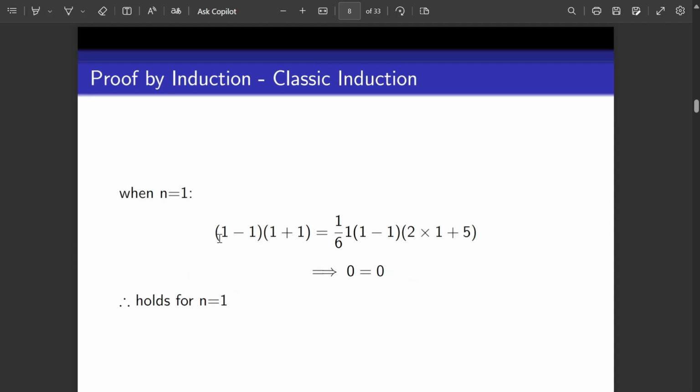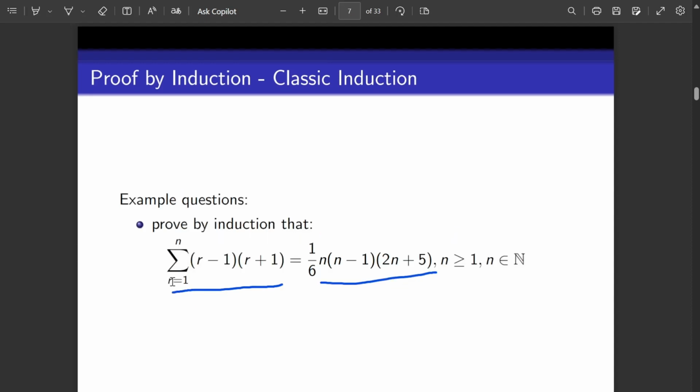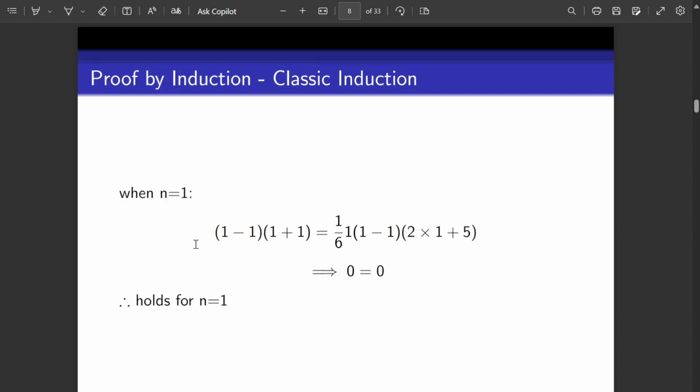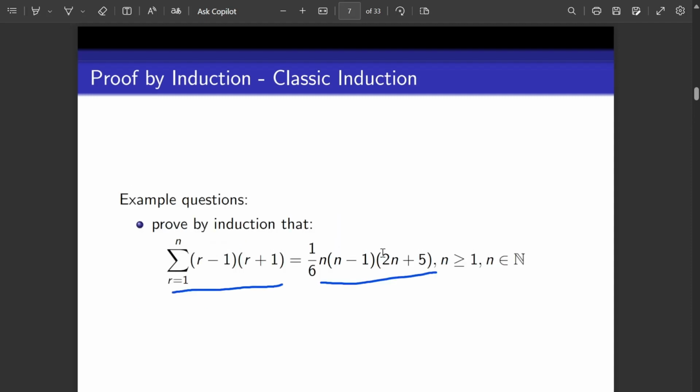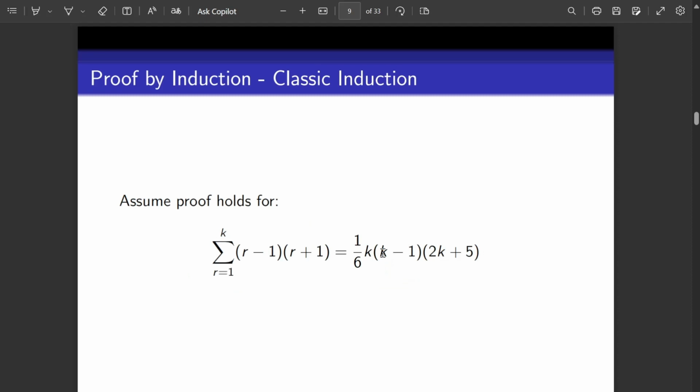So the sum from 1 to 1 is just 1, substitute in 1, and you get that 0 equals 0, which is true. So it holds for n equals 1. Then you assume it holds for n equals k, which is just the same with all of the n substituted for k.